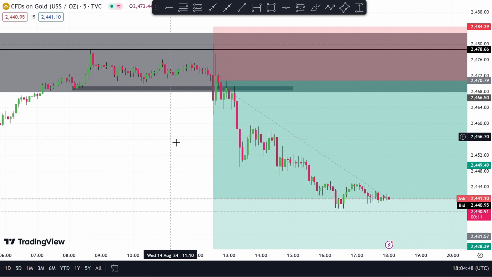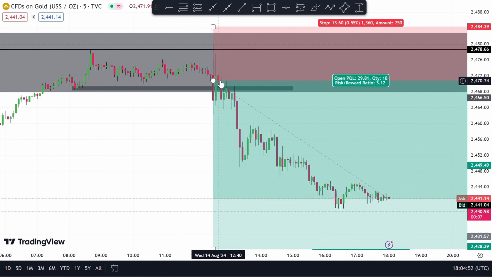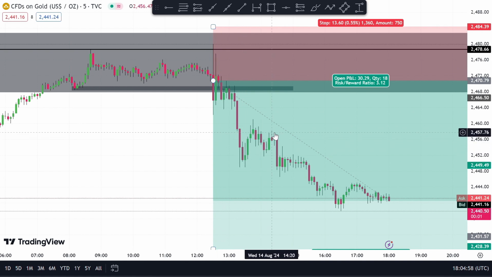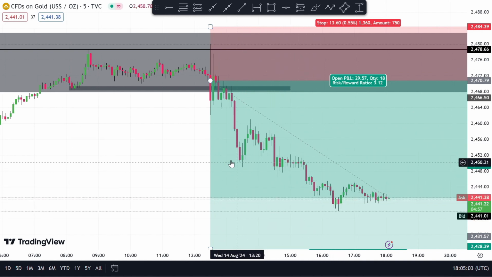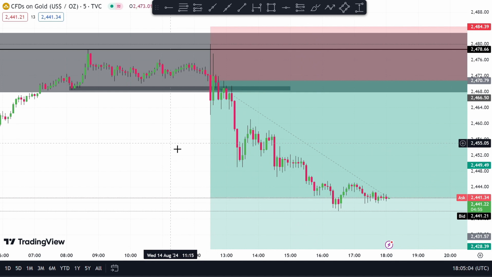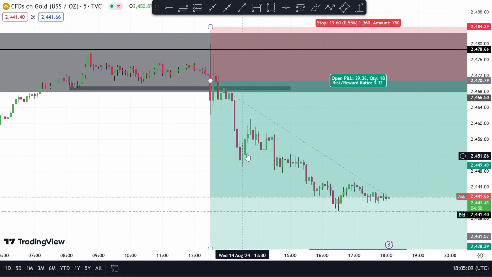Now I'm in a bearish trade, so I want to see my lower high, lower low, lower high, lower low, lower high, lower low, and so on and so forth. That's all I want to see. And if price hasn't broken structure like this, if price hasn't broken this structure here, don't move your stop loss.